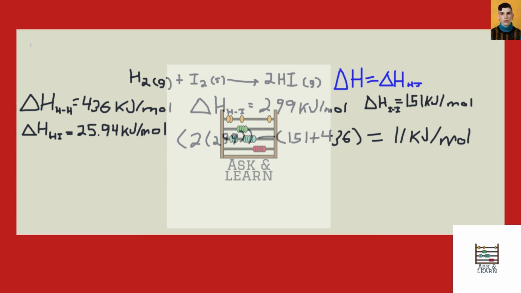And so we can see that the delta H of formation of HI is in fact more positive than our estimated delta H. As we said before, that's due to the fact that we're not taking into account the conversion of I2 solid to I2 gas, which is an endothermic process, and that contributes to the positive number that we see here.